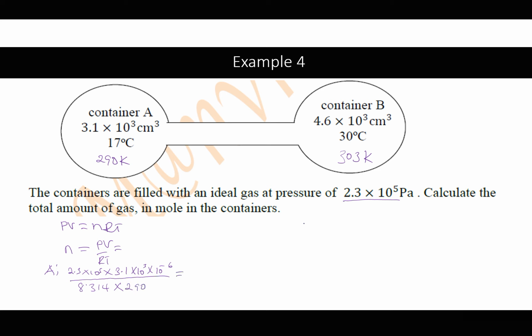And we get our answer there. Then for B, we shall do almost the same thing. The pressure is 2.3 times 10 power 5 pascals. Then we multiply this by the volume, which is 4.6 times 10 power 3, multiplied by 10 power negative 6 to change the volume to meters cubed. Divide by 8.314 times the temperature, which is 303.